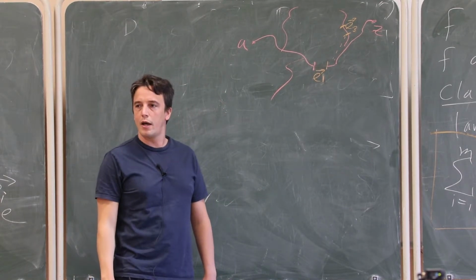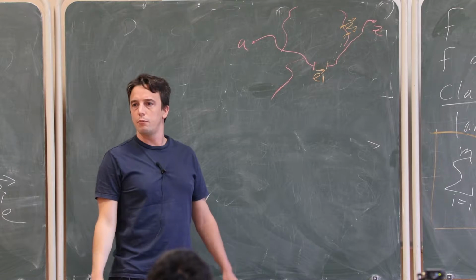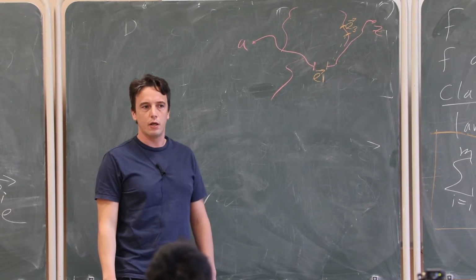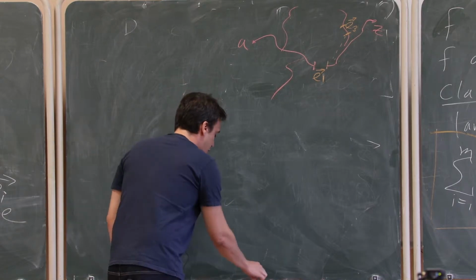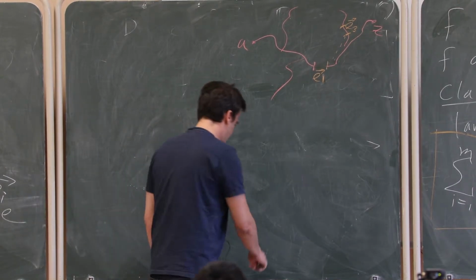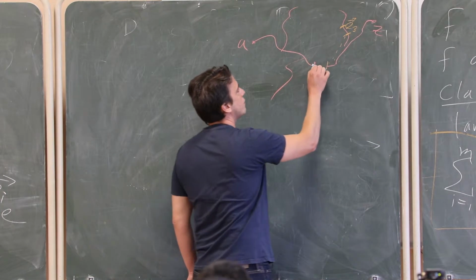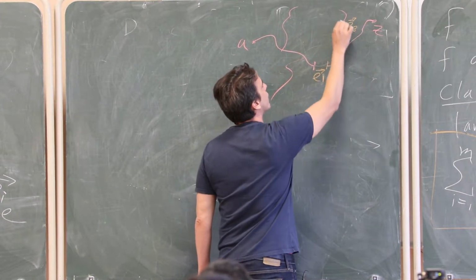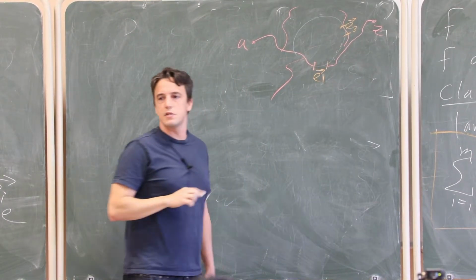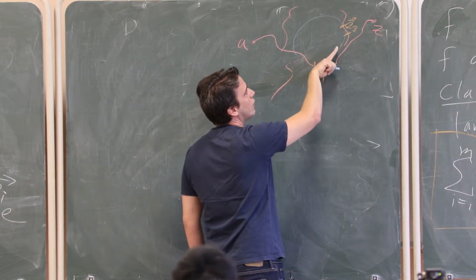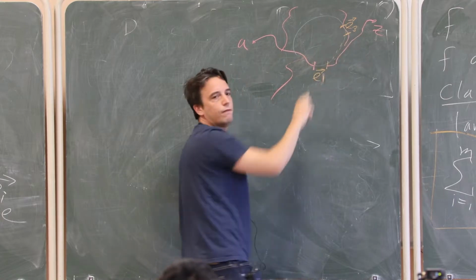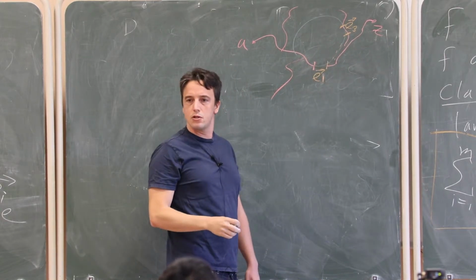And now I have two connected components, right? When I erase an edge from a tree, I have two connected components. And I start traversing, right? Let's choose blue. I start traversing the cycle. The cycle is somewhere here, right? The cycle here is in blue, right? And I start from E1, I go to E2, I go to E3, I go to E4 until I visit the first edge.